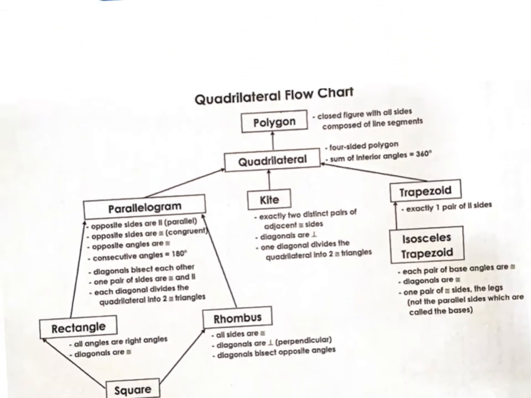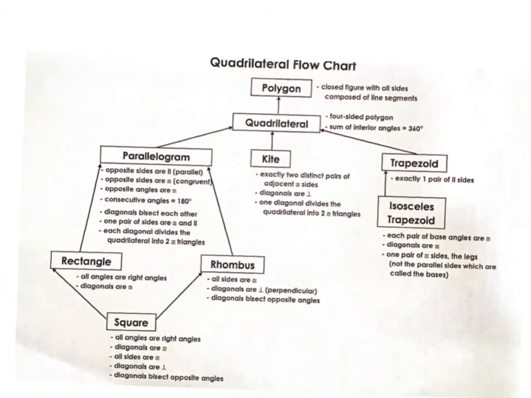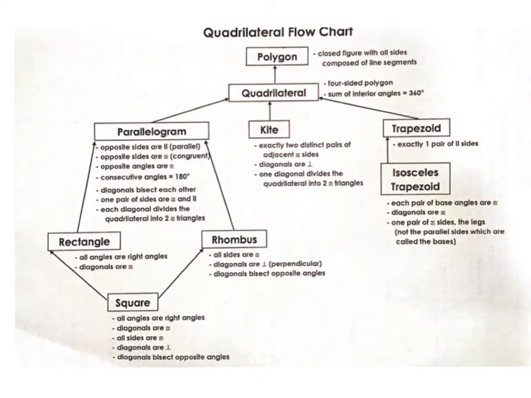All right, so back to this flow chart. You guys do have this handout, and if you don't have it, I attached it in Schoology, so you can put it in your Notability and look at it. We are talking about rhombuses today. So here's your rhombus, and if you look backwards, rhombuses are parallelograms, and so they have all the properties of a parallelogram.